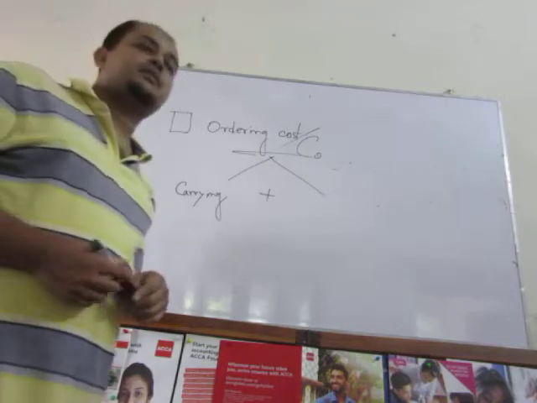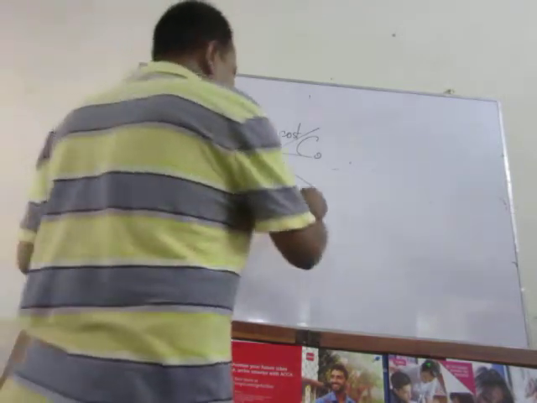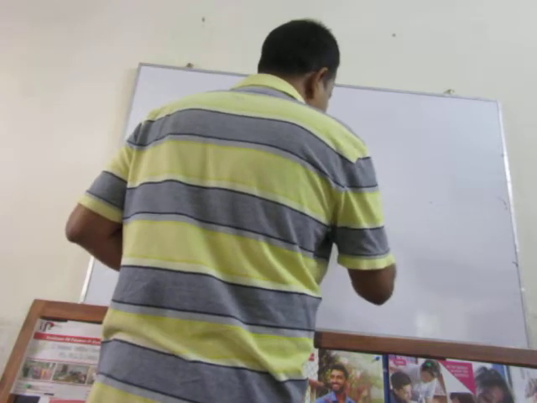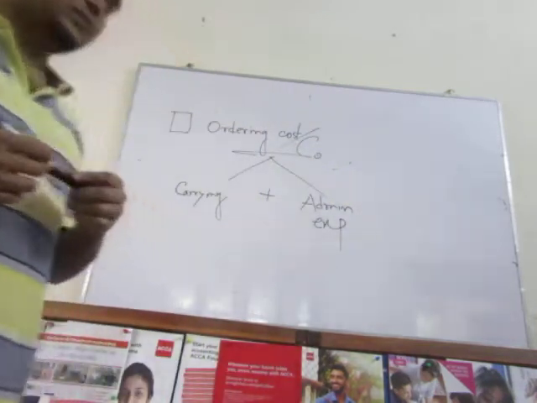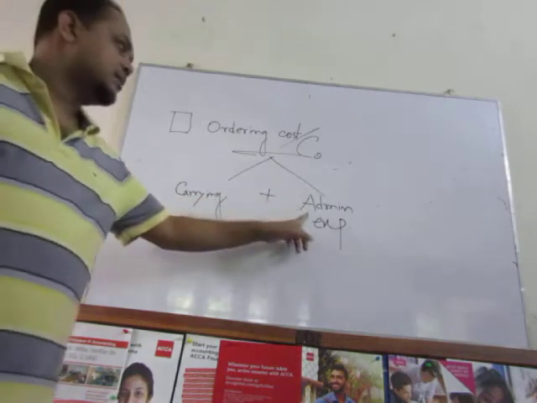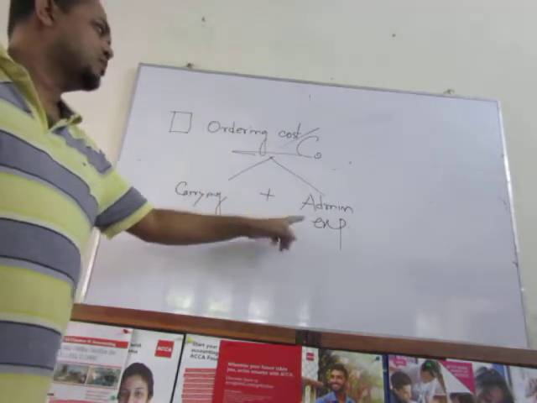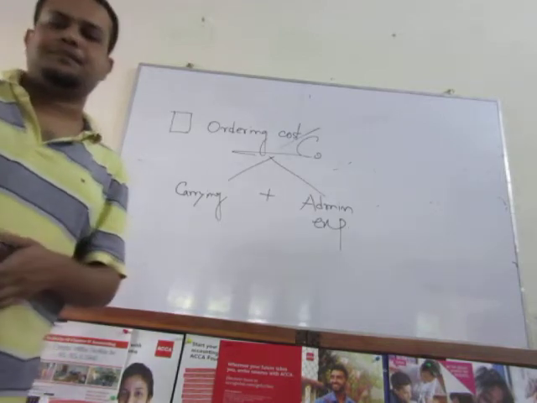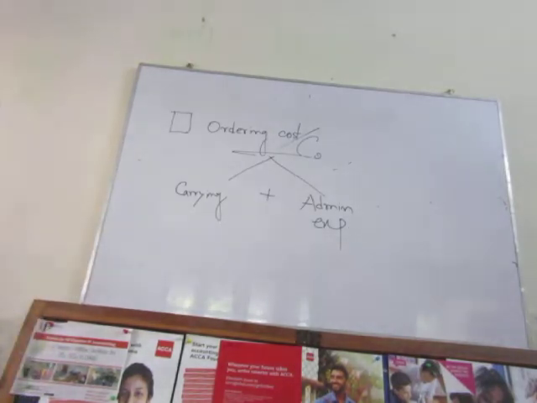And another cost is administrative expenses. Some other kinds of cost related to ordering cost, that is administrative expenses. What do you mean by that? You are very familiar with the word tender, right?